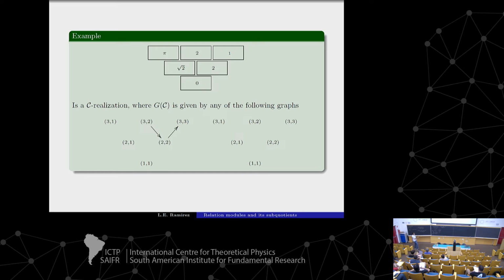So you just check this, and the only additional condition you are imposing is that if you have 2 entries in the same row and they belong to different connected components, the difference should not be integer.